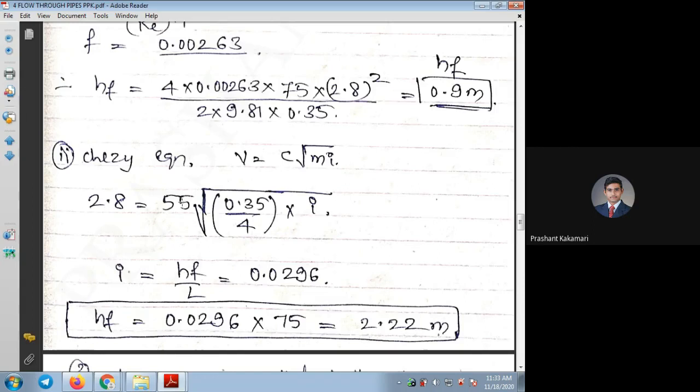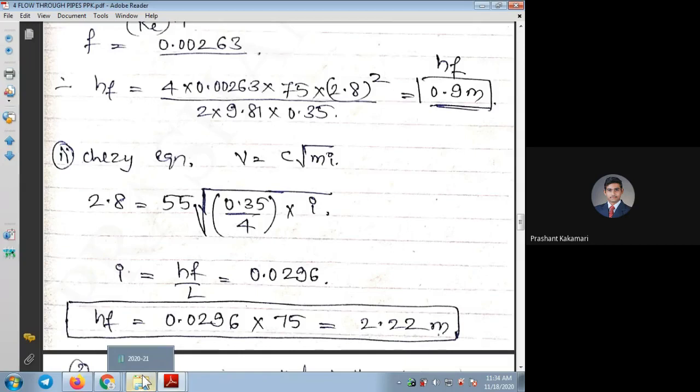2.8 equal to 55 under square root, 0.35 divided by 4 into hf by 75. So hf is under the square root. You can take square root of hf equal to all other terms. Then you can take hf equal to the square of the answer, to check how much you are getting.